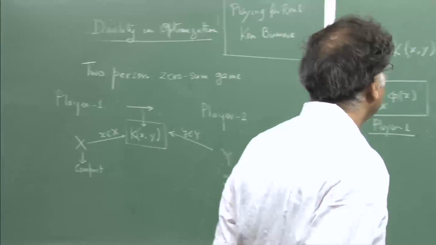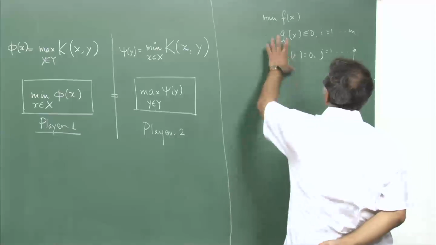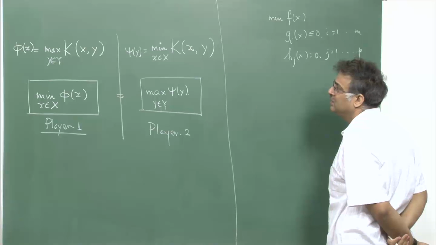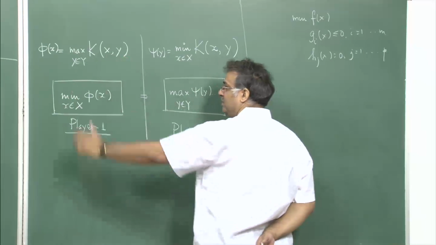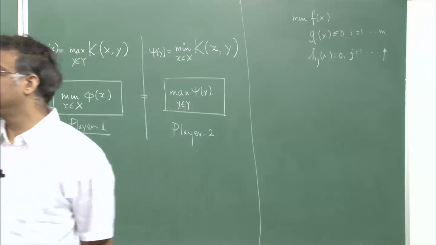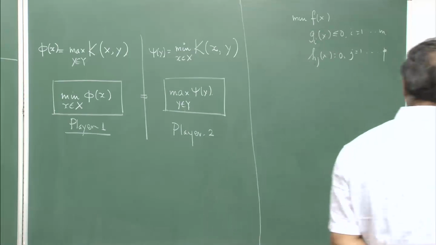Can this problem be represented as a min-max problem, min of max of some function depending on two variables? Can it be written like that? Is it possible? That is the fundamental question.